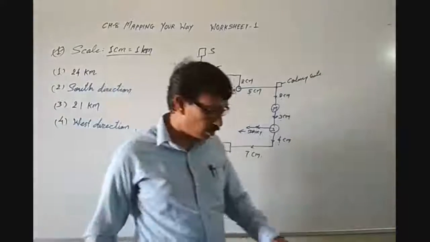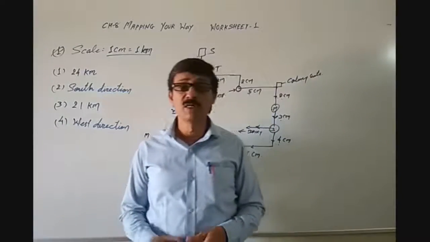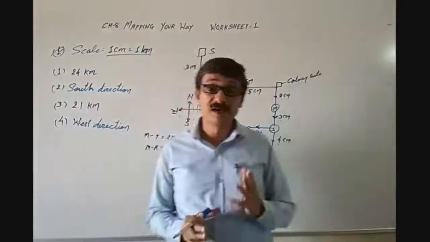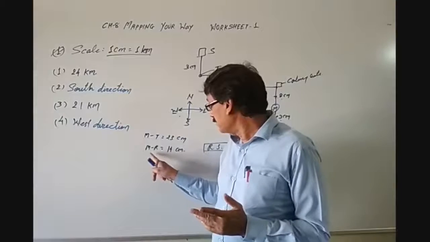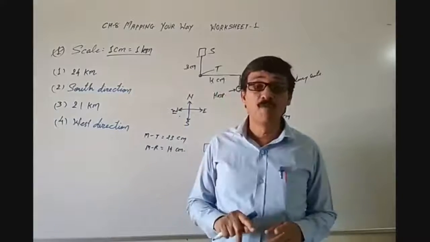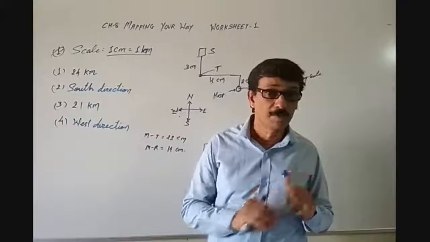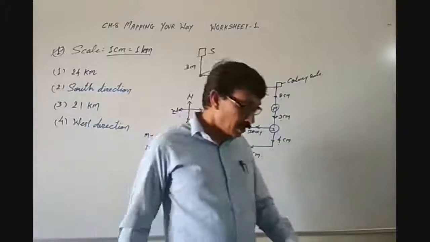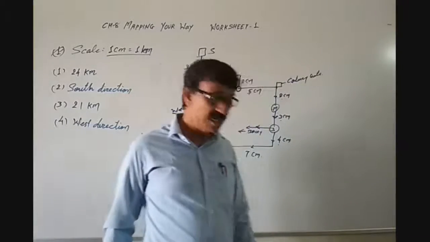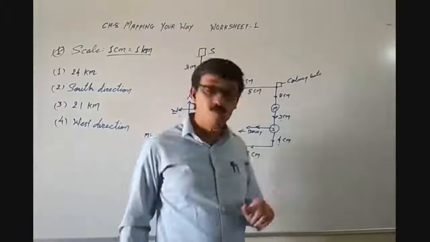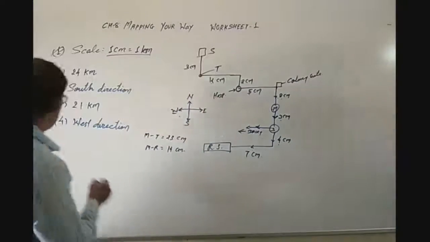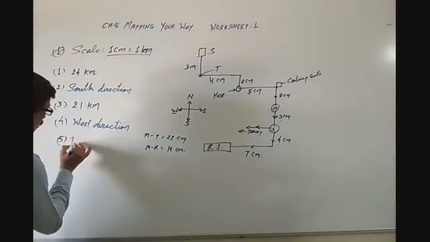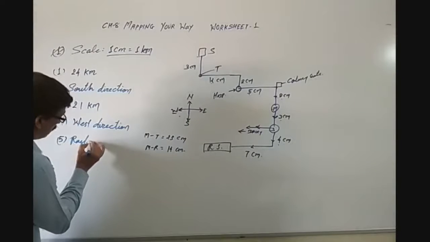Now the question is what? What is nearer to mall, temple or railway station? Then see, railway station and mall distance is 14. That is nearer to mall. So we should answer railway station is nearer to mall.